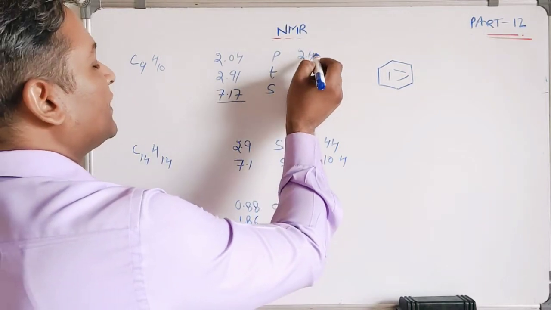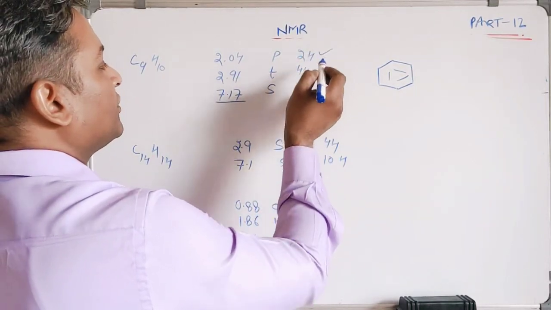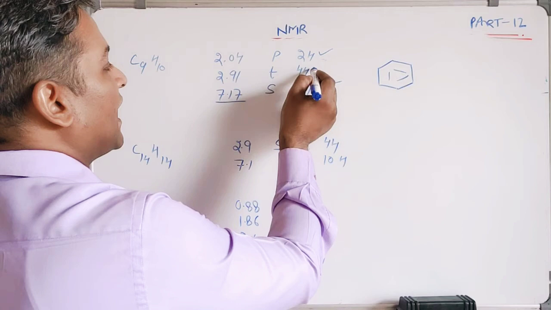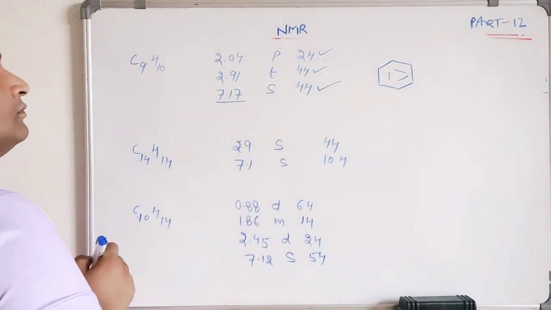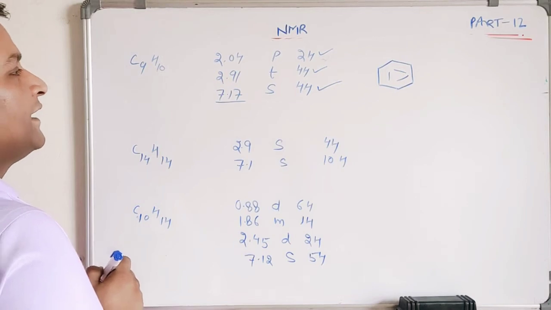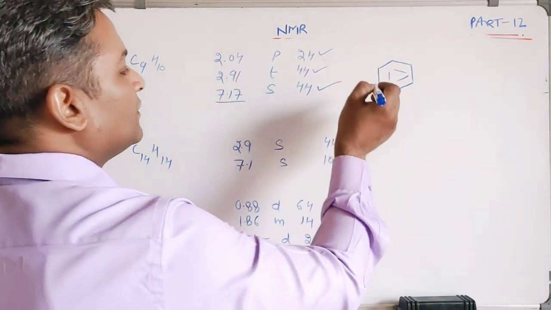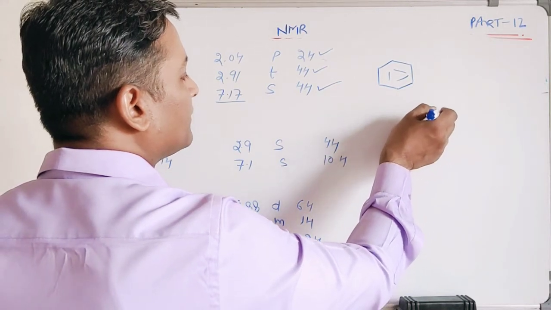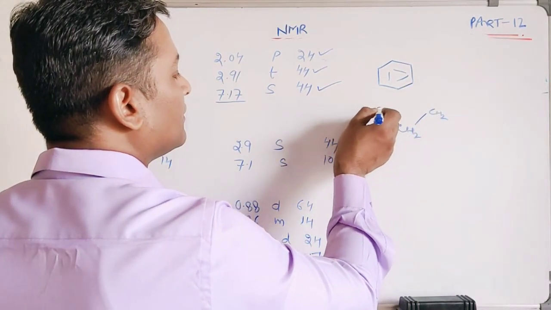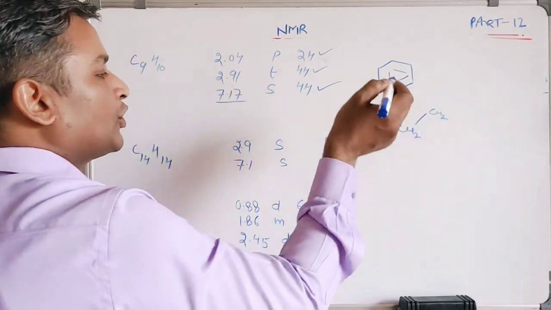So you can see here 2 protons give you pentet and 4 protons give you triplet. How is it possible? Something like this it should be observed.